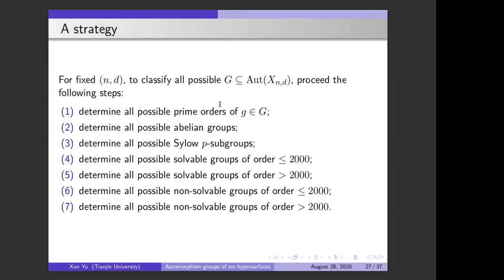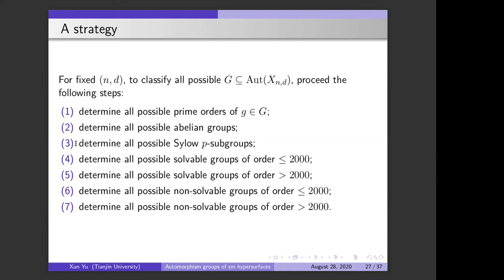To summarize, the strategy is the following: for fixed n and d, to classify all possible G, we roughly proceed with the following steps. First, determine all possible prime orders; I will explain later how to do step one. Step two is to determine all possible abelian groups and classify all possible F-liftings.